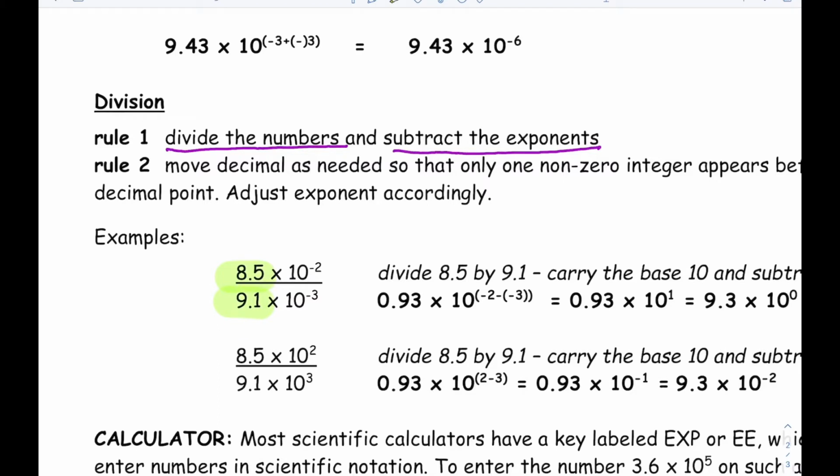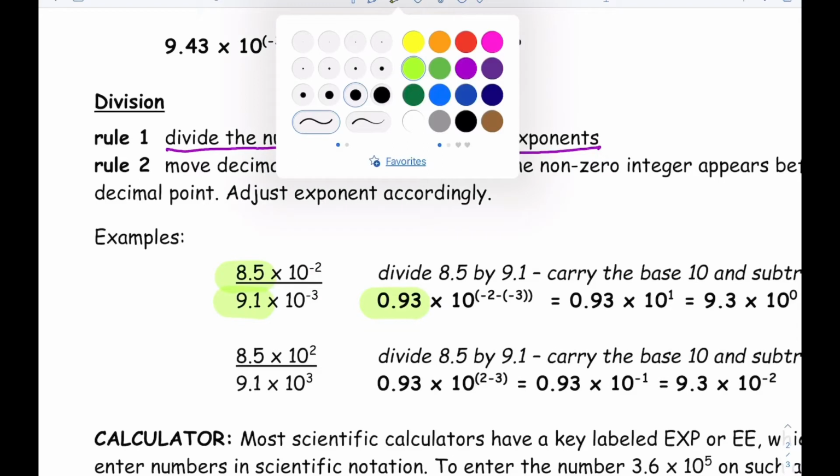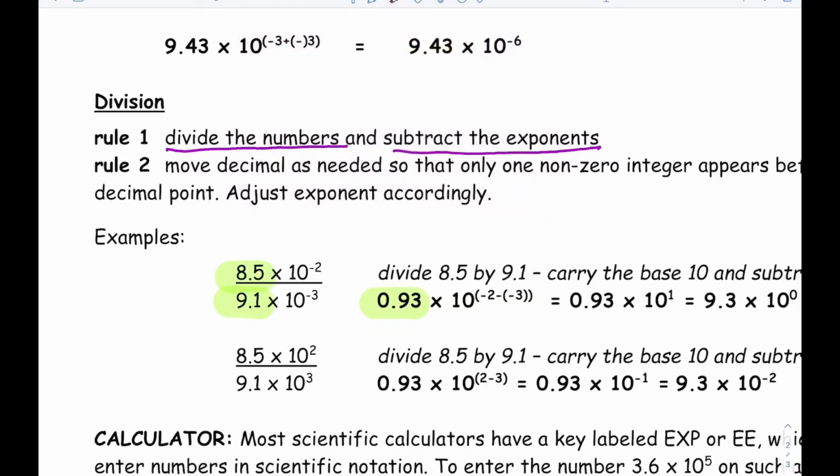So when you divide on a 4-function calculator, you'll get 0.93. The next step is to subtract the exponents. So regarding the exponents, we have negative 2 and negative 3. So negative 2 minus negative 3 gives us positive 1. Okay, negative 2 plus 3, right?